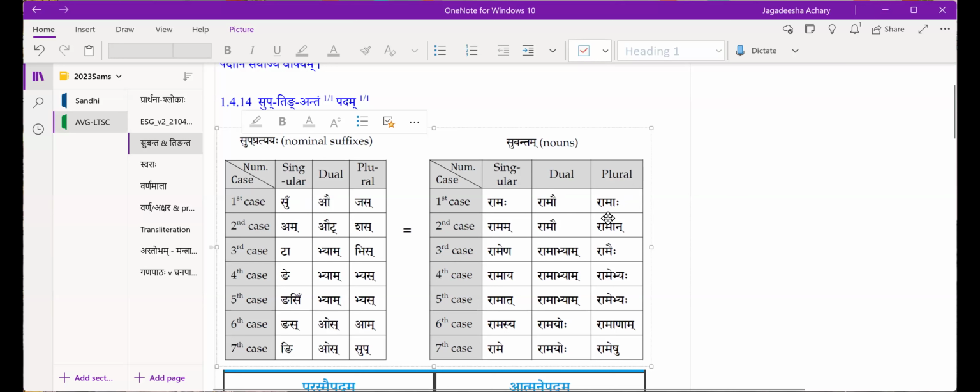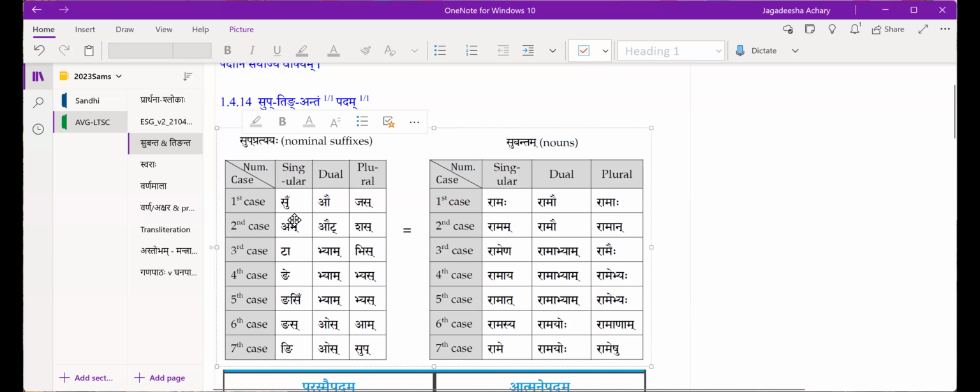I copied this from book 2, because in our book 1 we talk about this at the appropriate time. But because we talked about subantam padam, I have to explain what is subanta and what is tinanta, what are sup pratyayas and what are ting pratyayas.